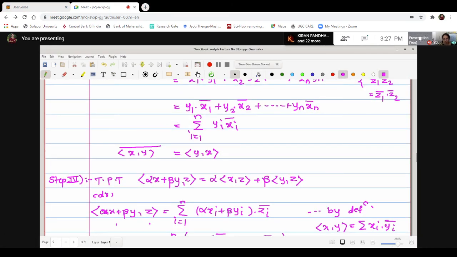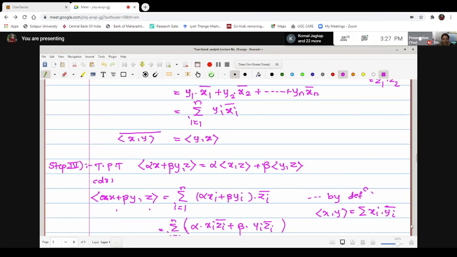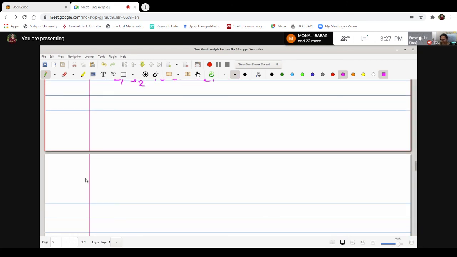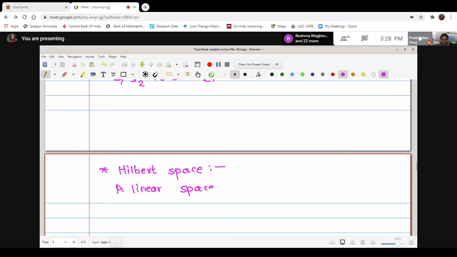Therefore, we define Hilbert spaces: a linear space is said to be a Hilbert space if it is a complete inner product space.